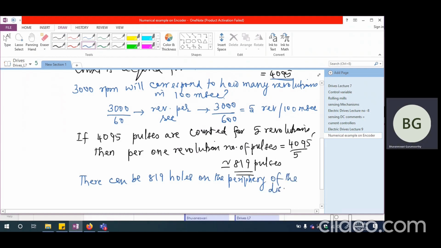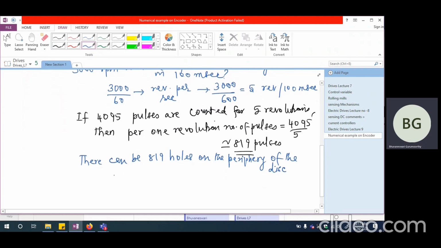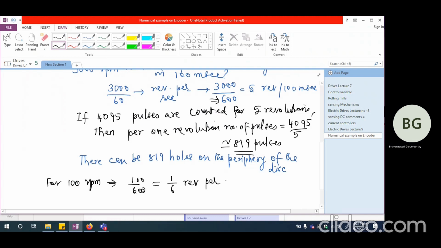So let us also check for 100 revolution per minute, how many pulses are going to come out. So for 100 RPM, we are going to have 100 divided by 600 because that's what we did. We divided by 600 to get how many revolutions per 100 millisecond. So this is going to be 1 by 6 revolutions per 100 millisecond if I am talking about 100 RPM speed.